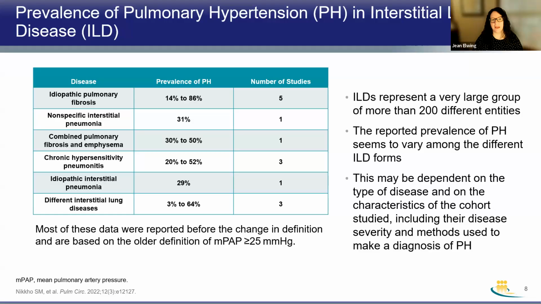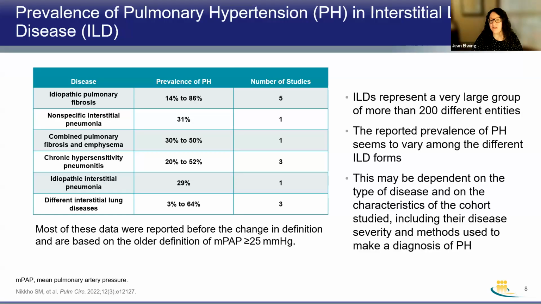The prevalence based on big data sets looking at number of studies can range anywhere from the teen range to more than 80%. And if you look here at this report from 2022, in IPF, the prevalence of PH reached more than 80% in some of the studies. And in the combined pulmonary fibrosis and emphysema, up to 50%.